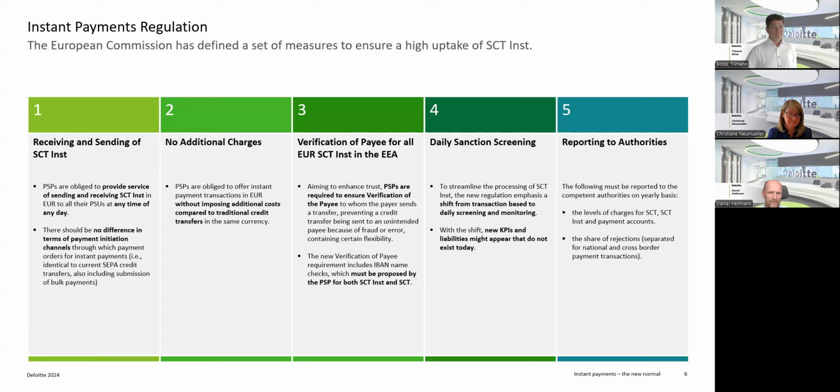The last point here is daily sanction screening, and that looks like an easy one actually, but it actually means that there's a big change in the sanction screening process. It's not transaction based anymore as with regard to the normal credit transfers, but this daily sanction screening has to be performed on the customer base, and this is typically something that is not in place today.